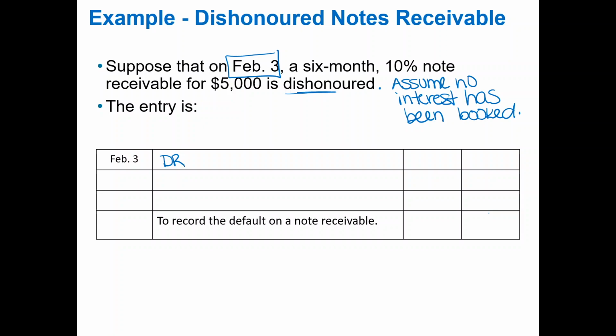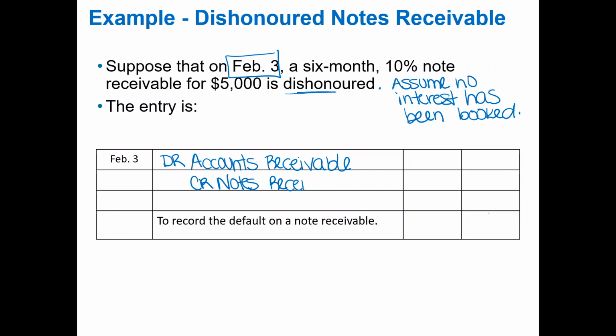So our debit here instead will be accounts receivable. So we didn't get any cash. Instead, we have to move the amount and put it into that accounts receivable balance. We're going to credit our notes receivable.